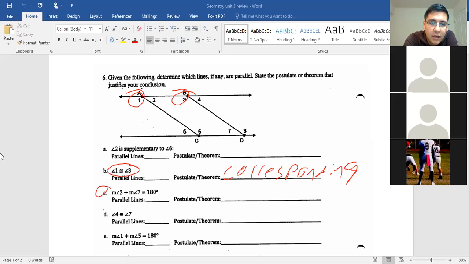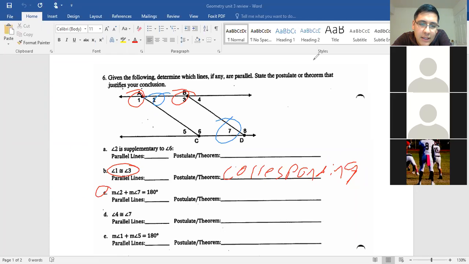Next one says angles 2 and 7. Now this one is, I guess, a little bit tricky, but we just got to think about it. It says measure of angle 2 and angle 7 should be equal to 180, but I actually don't agree with that, because both of those are actually small angles now that I'm looking at it.